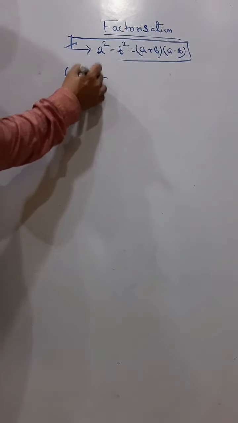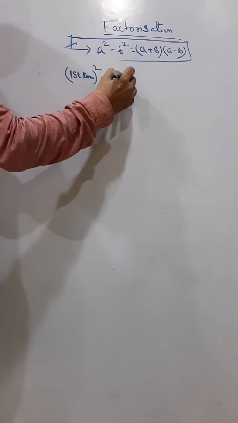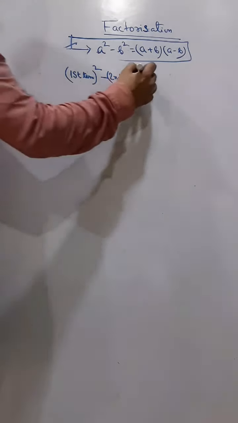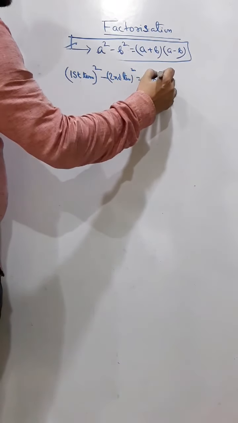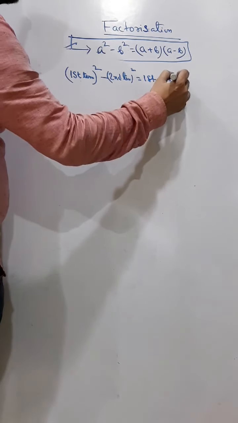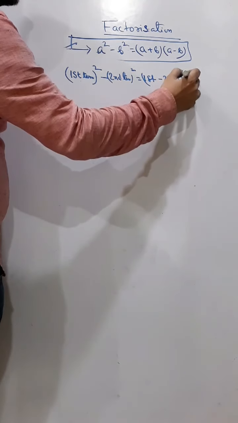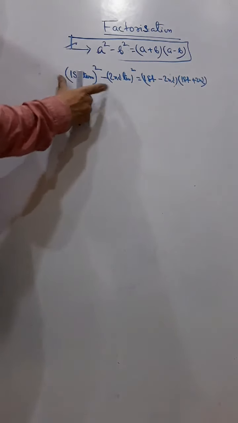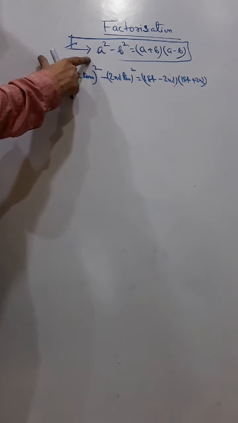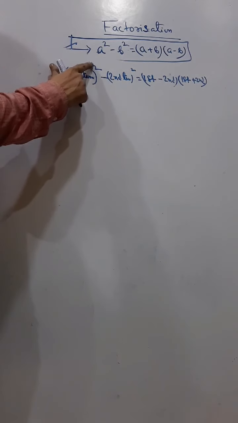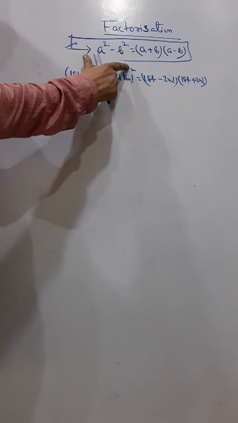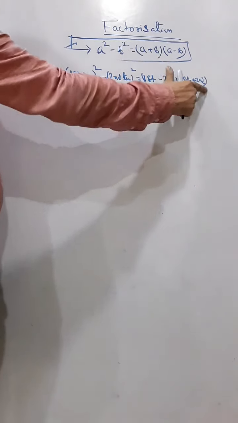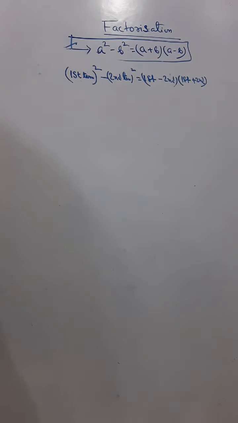So when you have first term whole square minus second term whole square, then that will become first minus second and first plus second.